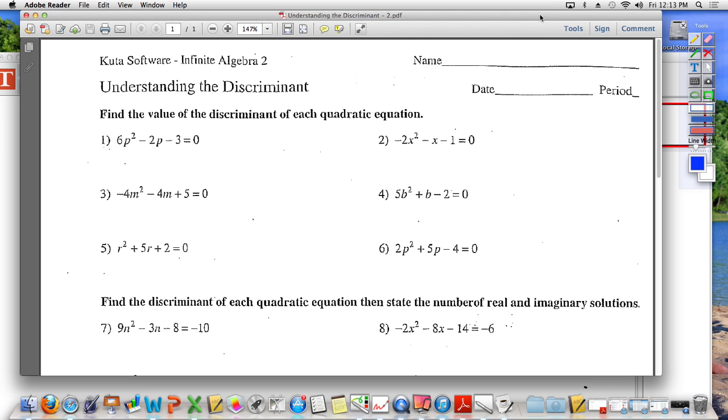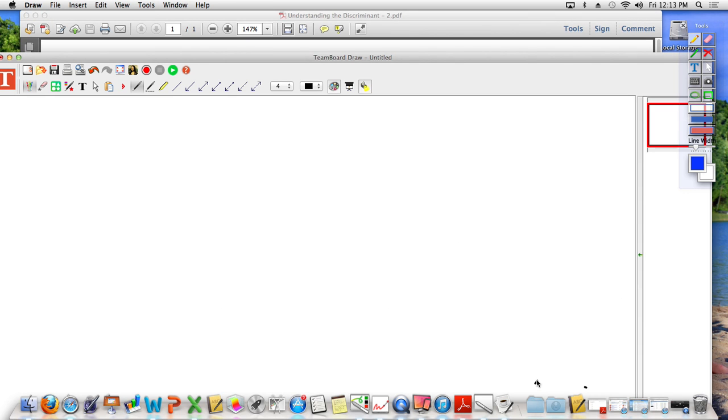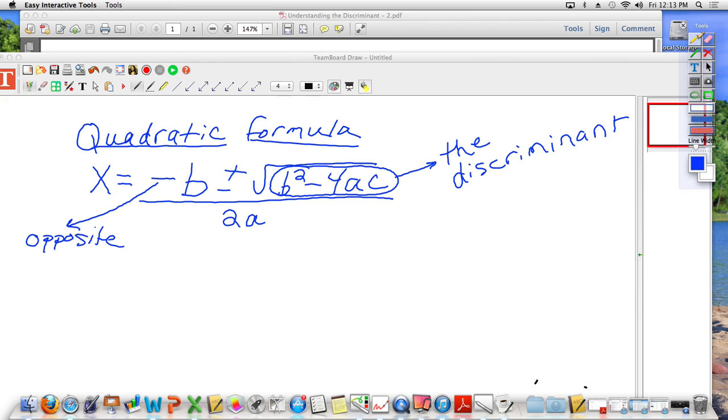I'm going to need someone to read it to me in just a second. That problem was 6x squared minus 2x minus 3 equals 0.